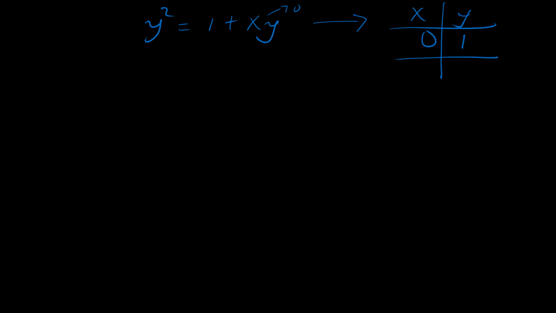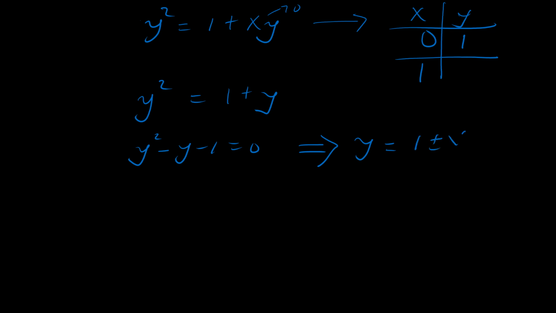Same thing happens when x equals 1. Our equation becomes y squared minus y minus 1 equals 0. Using the quadratic formula, y is equal to minus b, which is 1, plus or minus the square root of b squared minus 4ac, which becomes 5, over 2.